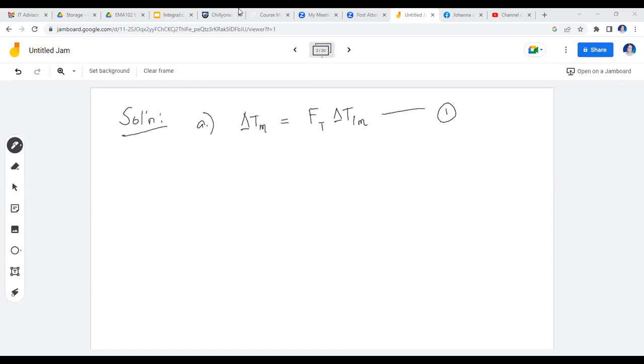Delta T log mean. If you're going to determine the delta T log mean, Rosel, what will you do then? What is to be done first before you determine the delta T log mean?